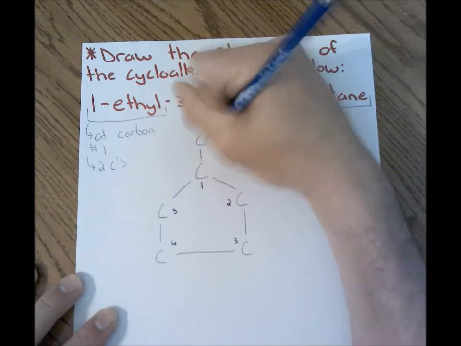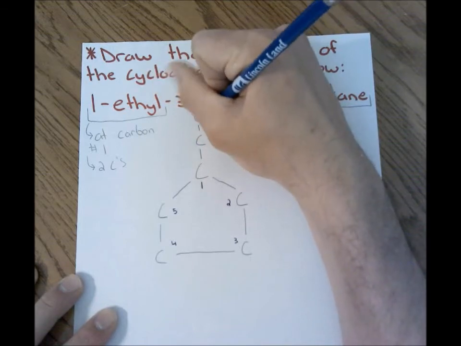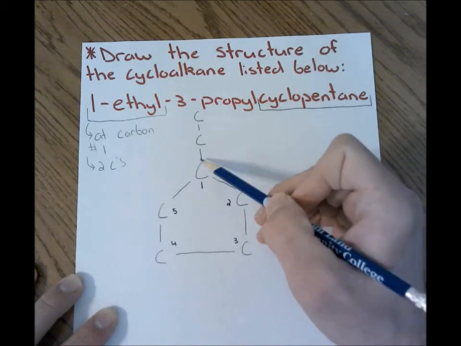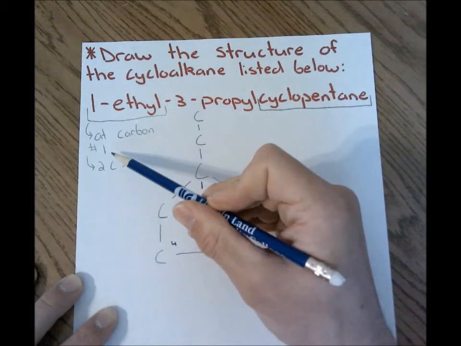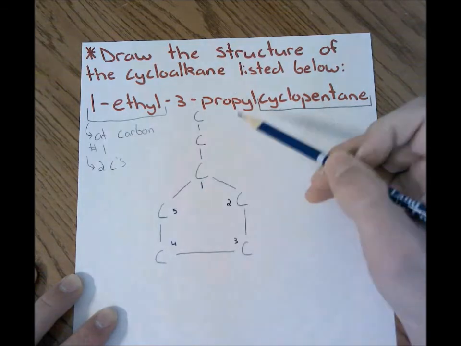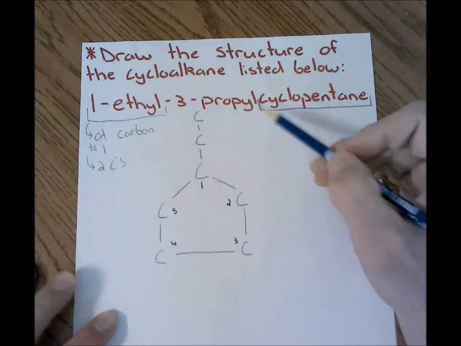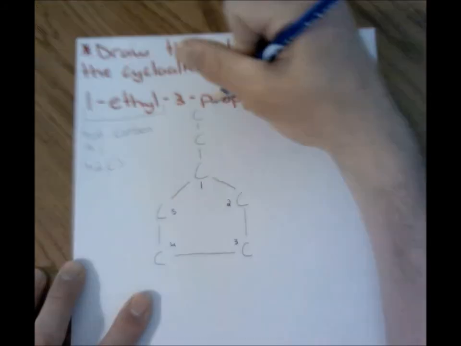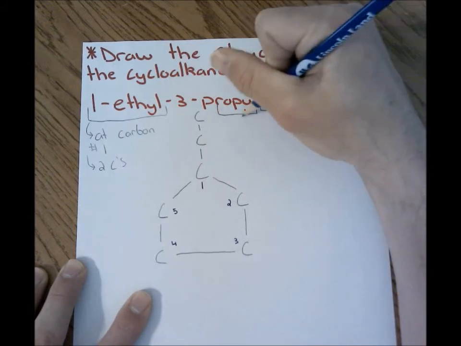Now I move to my remaining attached group, which is 3-propyl. Now, running out a little bit of room here, but at 3-propyl, what this means is at carbon number 3, we have a propyl group.